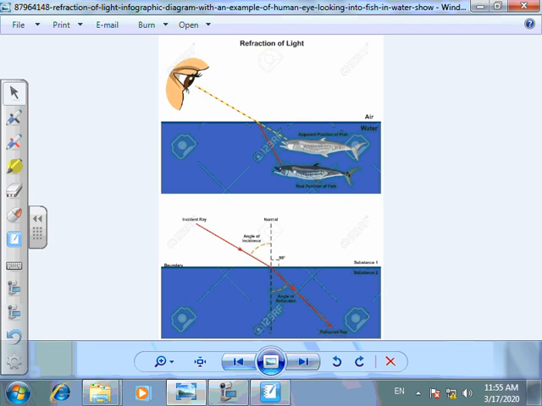So the position of the fish, which is the extension of the yellow color, is not the right position. You are looking inclined, meaning that you are looking at the water with an angle, not perpendicularly. So you can't detect the right position of the fish. You will be completely wrong. To find it, you have to look at it perpendicular. So to find a coin, to find a fish, you have to look perpendicular.